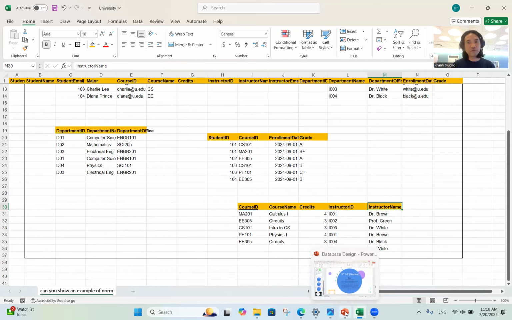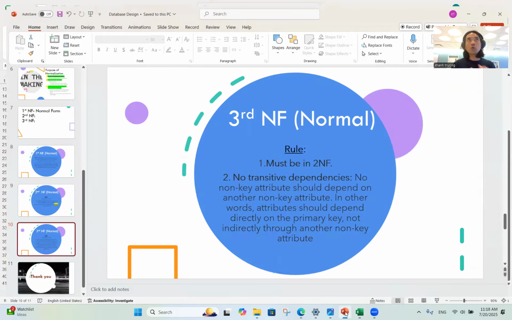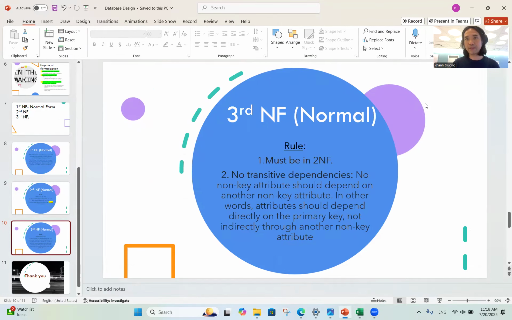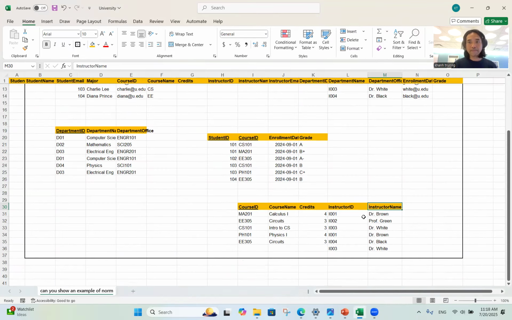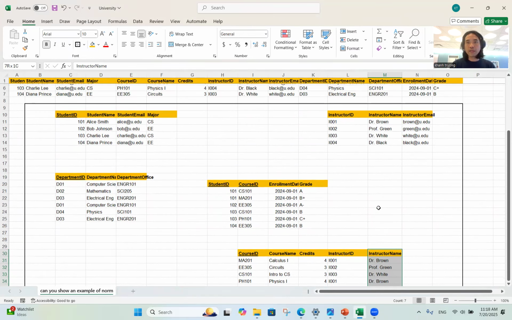And remember, the rule for the third normal form is no transitive dependency, right? Because this one depends on this one, and this one depends on this one, and these two are non-key attributes. So that's why you have to remove the instructor name.